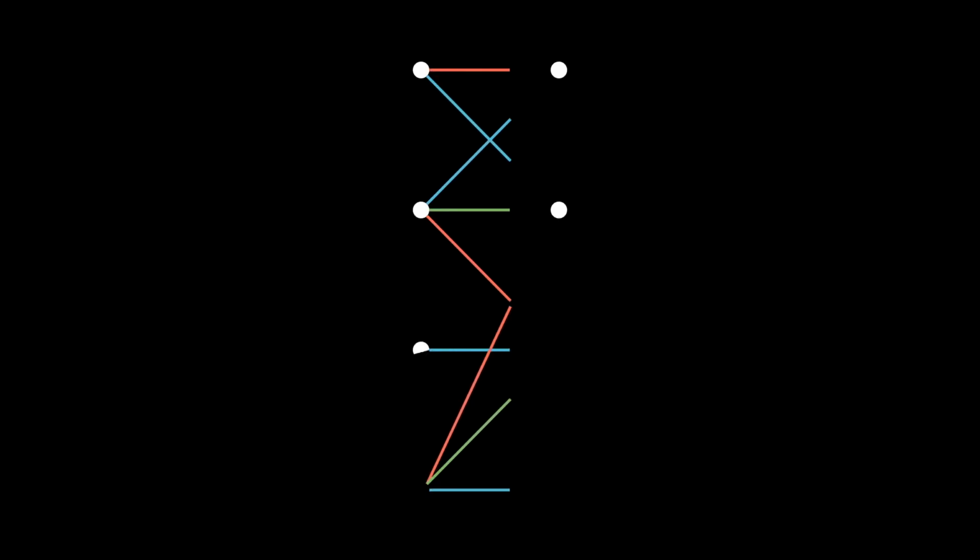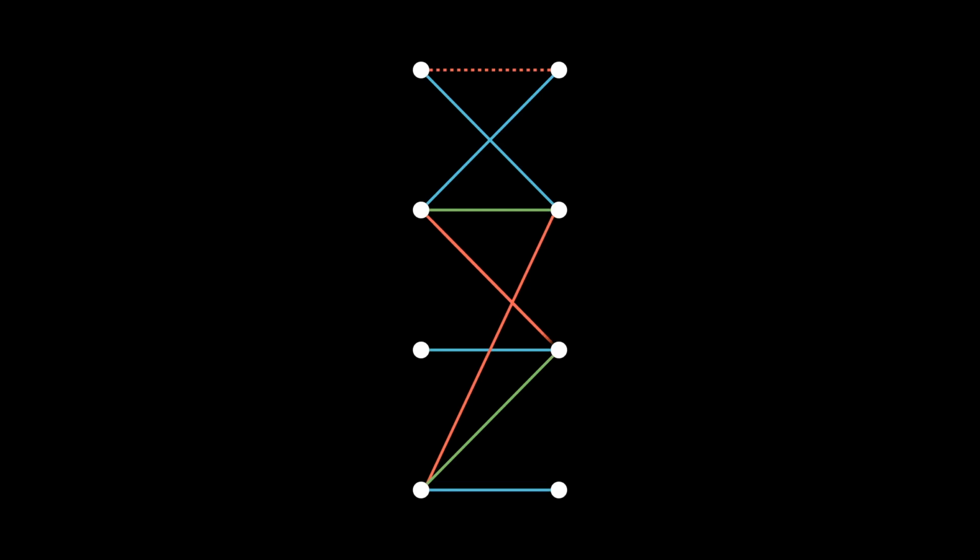To prove it, we'll construct such a matching as follows. Remember that the color order is red, green, blue. The vertices in A prefer smaller colors, and the vertices in B prefer larger colors. We'll start with an empty set of edges. Now take a random vertex in A. Here I just took the top vertex and connected it to its preferred vertex in B, which is through the red edge.